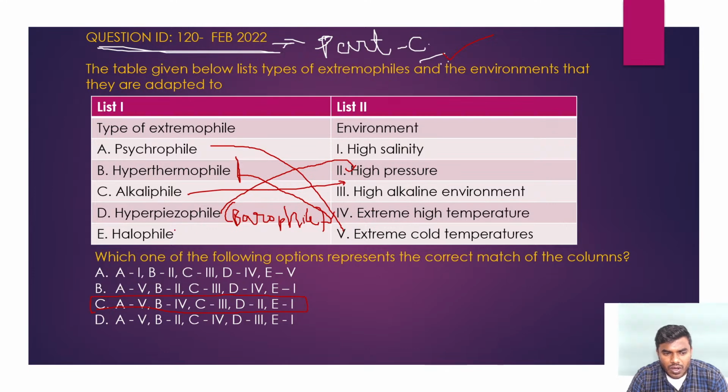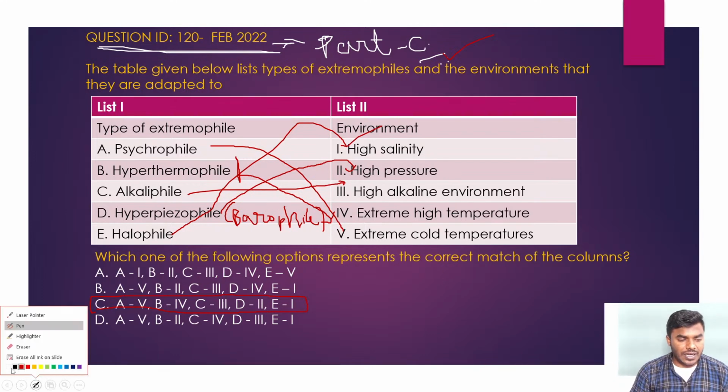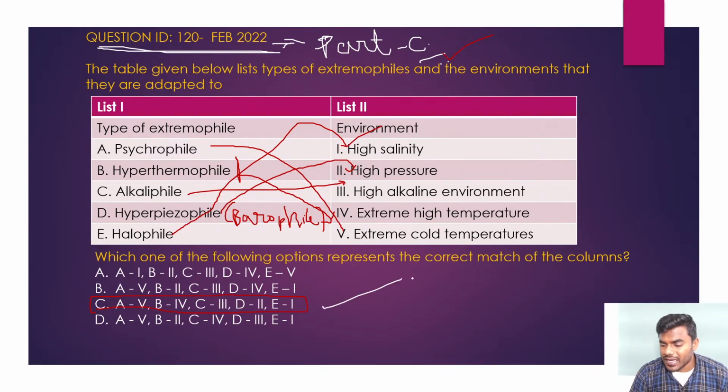Barophile and hyperpiezophile are the same. Please don't get confused with that. And we already studied the first one, halophile, which lives in high salinity conditions. Hence, friends, the correct answer will obviously be C. See, such a simple 4-marker question which we got in 2022.